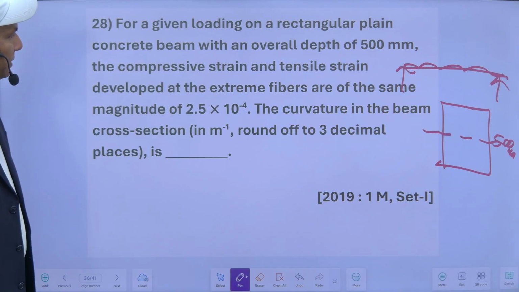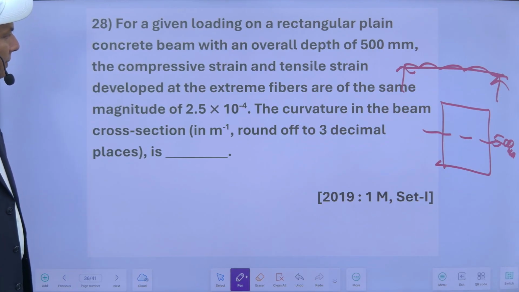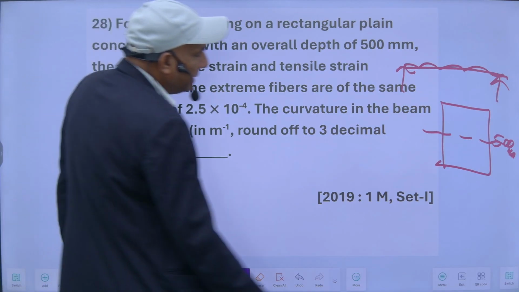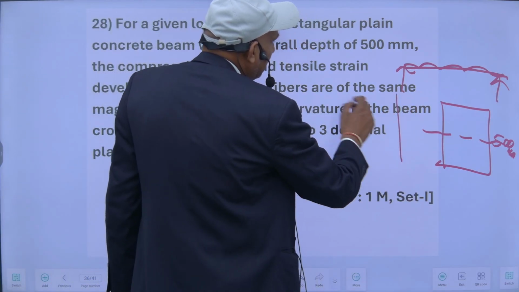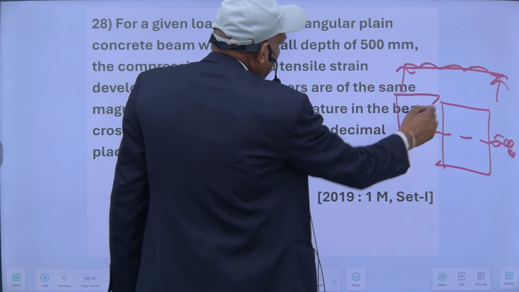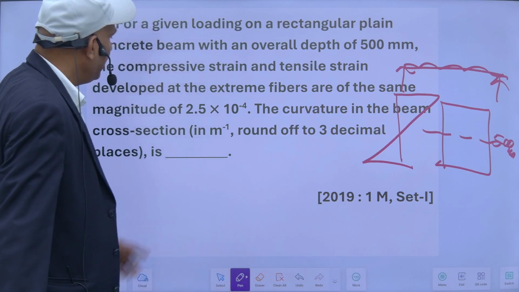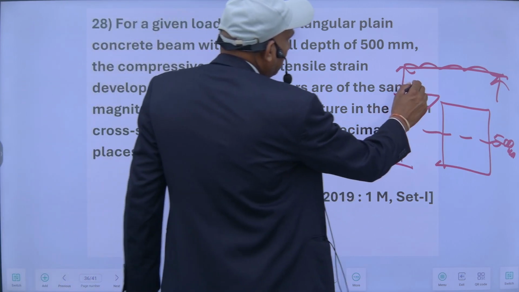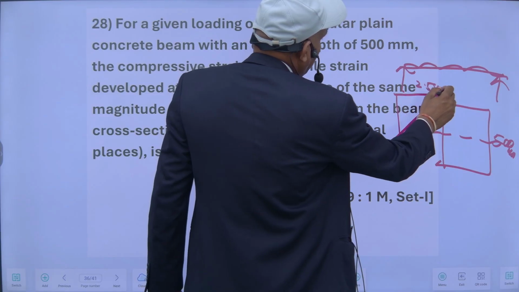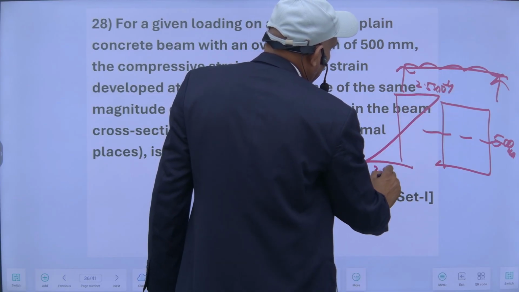The compressive strain and tensile strain developed at the extreme ends. So its strain diagram will be like this. This is the strain, 2.5 into 10 raised to the power minus 4, and this strain is also equal to this.